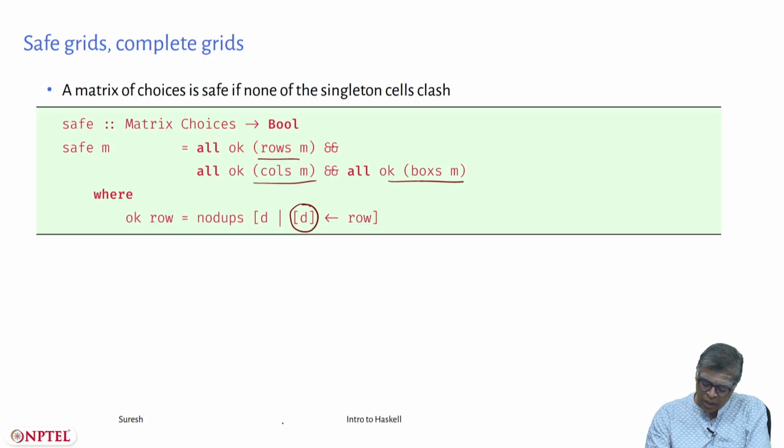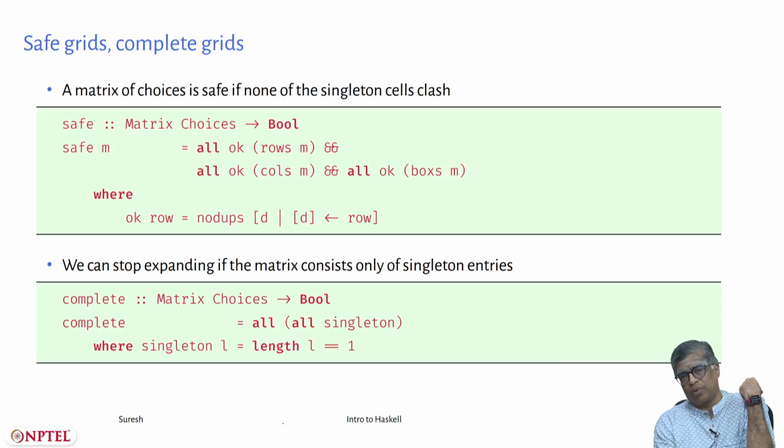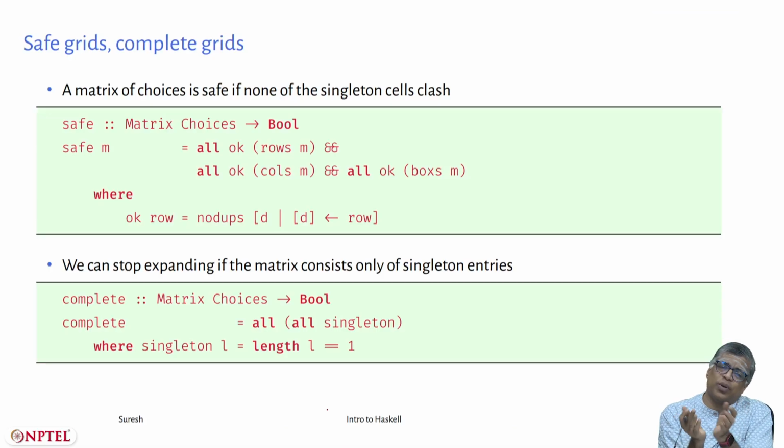That is what you mean by safe. Complete means that every entry is a singleton entry, so there are no more choices to expand. That is what you mean by complete.